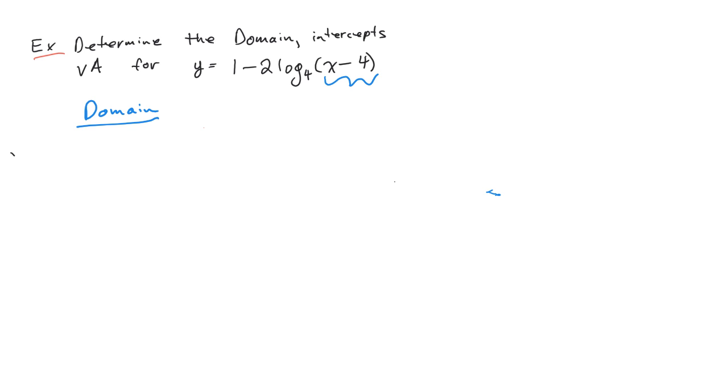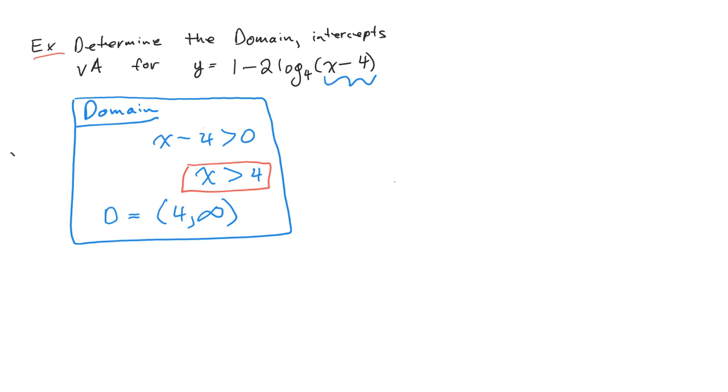So we have to say x minus 4 has to be greater than 0, so we end up with x being bigger than 4 as our answer. That means the domain is the set of x going from 4 all the way to infinity. Okay? And there we have it.